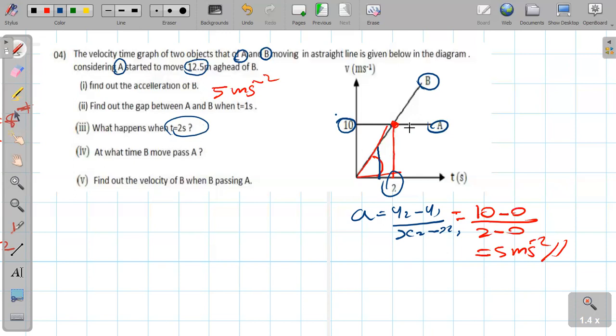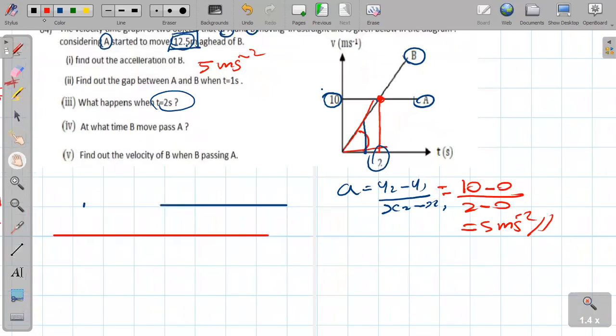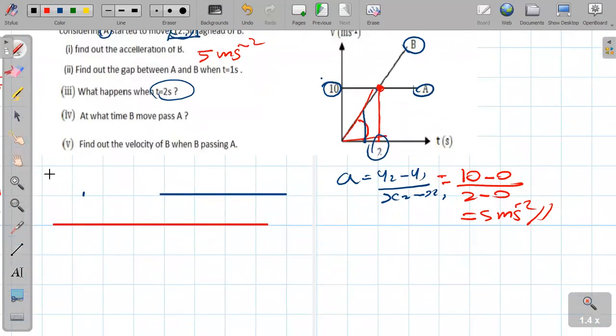So remember that this one has already started to move some 12.5 meters, right? It's like this. Motion of A. This is the motion of B. B moves under acceleration, A moves under some constant velocity. That means the policeman is running after the thief, something like that.